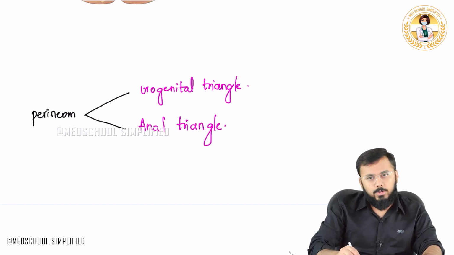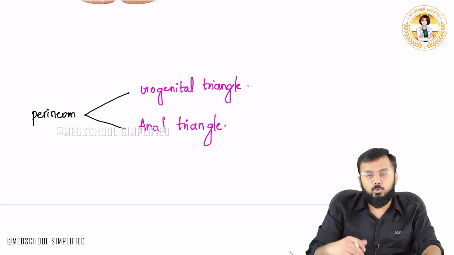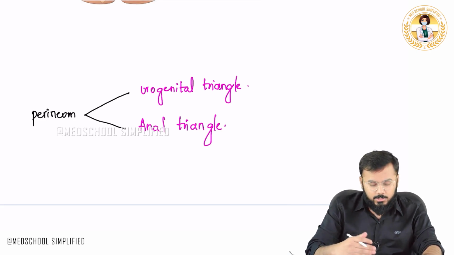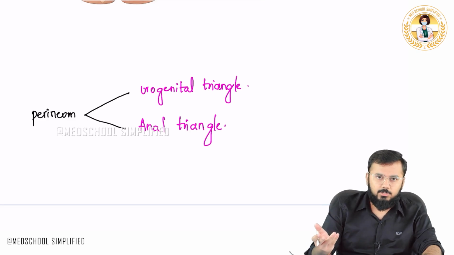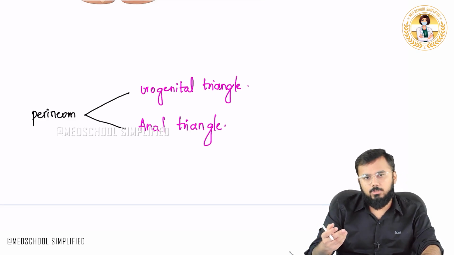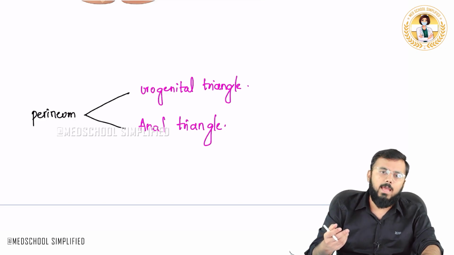The urogenital triangle is responsible for urination, and the anal triangle is responsible for defecation.